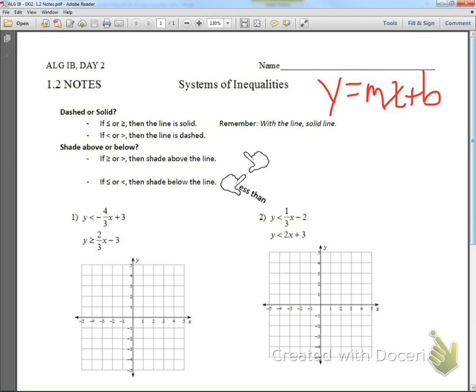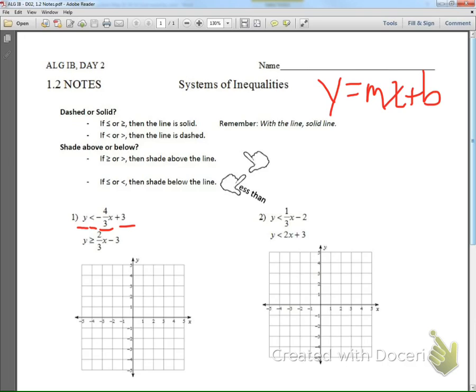So look at these problems here. Now in each one of my examples, to save us time, I did put all of them in slope-intercept form. So y being isolated, followed by the inequality, followed by the x term, and then followed by the constant, or your b value. Keep in mind, if you ever have an inequality that is not in this format, you will need to rearrange it.